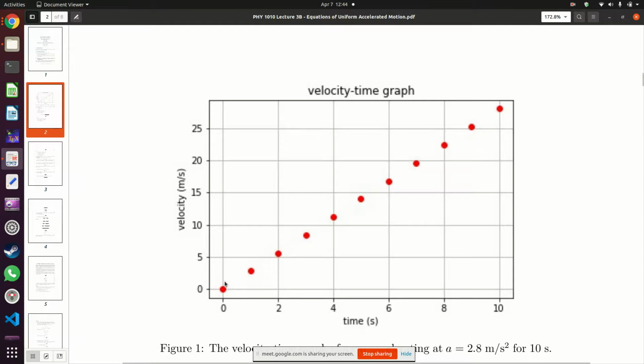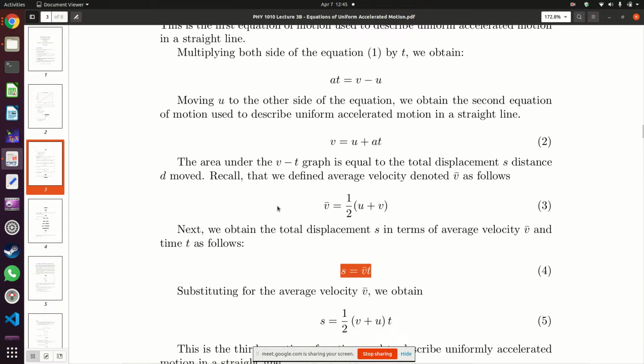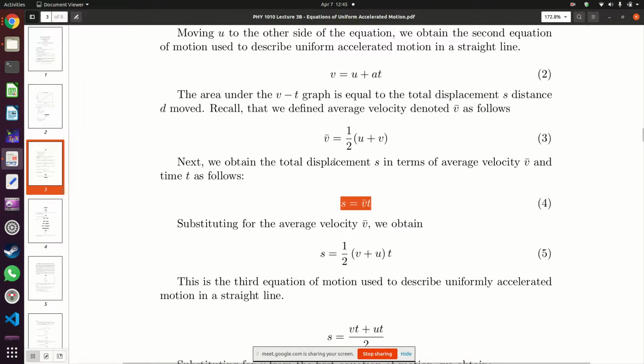The area under the velocity time graph. However, when you try to work it out like that, just making a direct substitution, things become a bit more complicated. So we took another approach, while also showing that this approach is equivalent to what we did yesterday, by using what is known as average velocity.